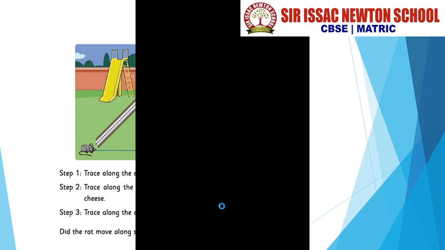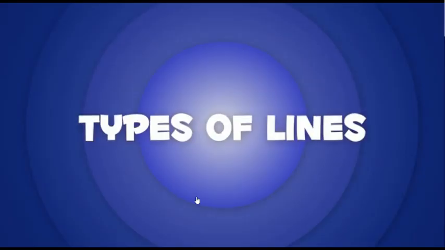Okay. Now, we are going to see types of lines. There are only three types of lines. Now we are going to learn the three types of lines. Let's see the first one.